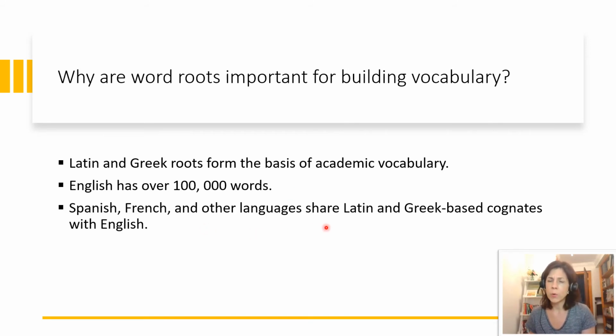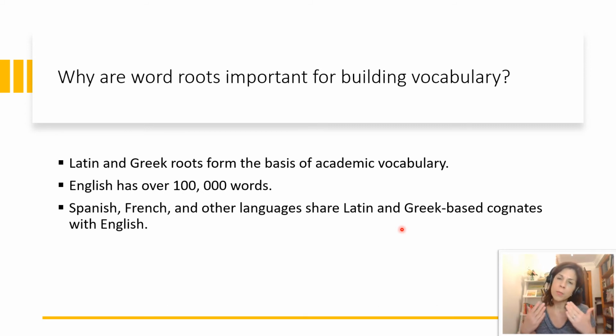Spanish, French, and other languages share Latin and Greek-based cognates with English, so it's entirely possible that your emergent bilingual students already have some of these words in their home language. And bilingualism is a force for vocabulary acquisition. When your students already have an entire language with its own vocabulary, they can use that to start learning English vocabulary.